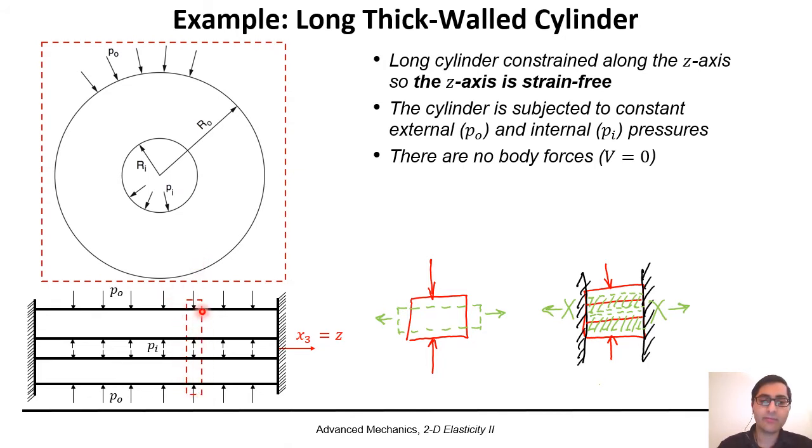If we cut a very thin plate here and have a look from the direction of the axis, we can see the internal hole, the outer area, the internal pressure, outer pressure, and we can define that as a plane strain problem in cylindrical coordinates, with z-axis perpendicular to the plane of this thin plate, x1, the first direction, equal to r, the radial direction, and x2 equal to theta, the tangential direction.